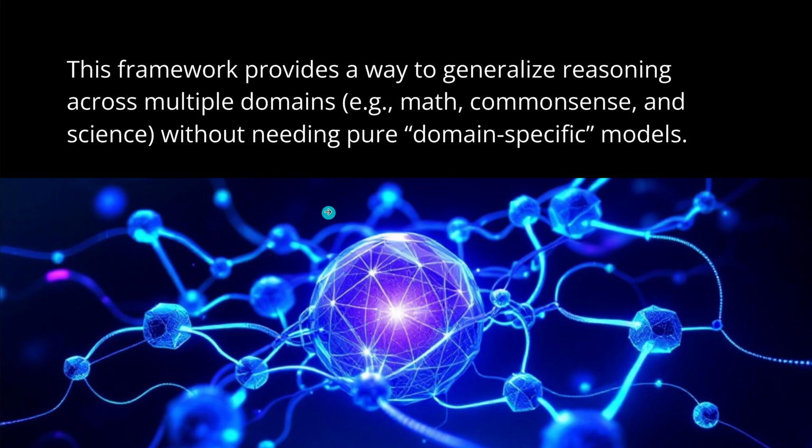But you know what is really nice if you think about this? This framework provides a way to generalize reasoning across multiple domains. Think about it: we can have an adapter for mathematical complexity, for human common sense, whatever this means, and for more scientific-oriented reasoning patterns that we have pre-trained on. And we do not need small language models that are really domain-specifically fine-tuned.